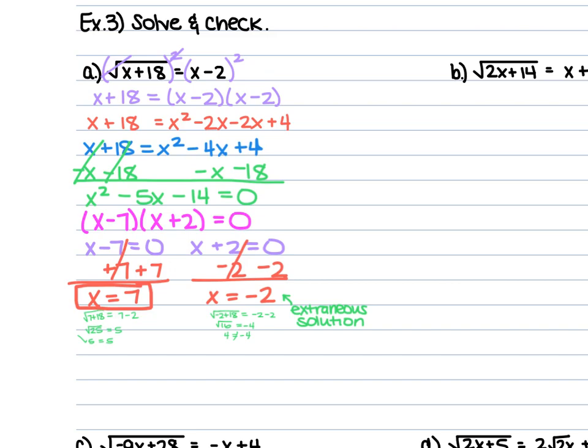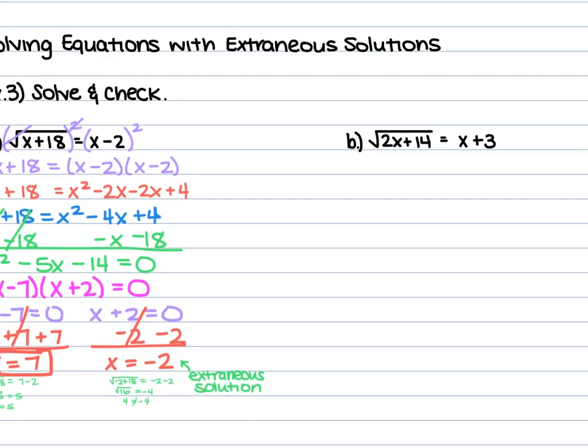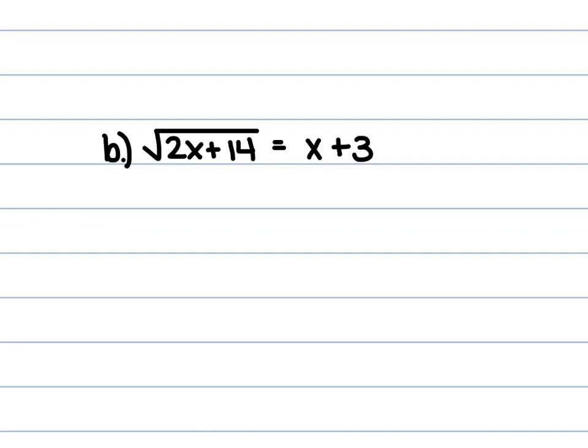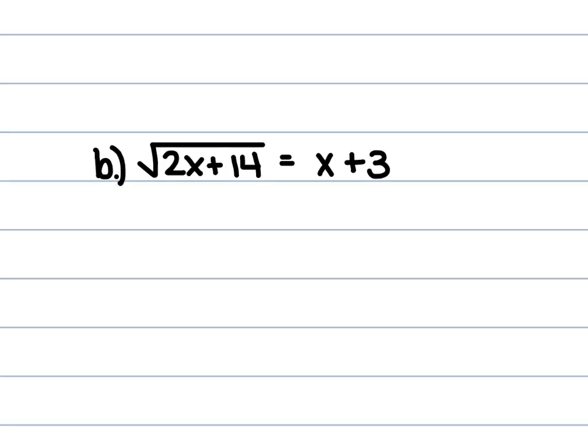If we look at our next example, B, we have the square root of 2x plus 14 is equal to x plus 3. So again, we are going to square both sides. We can also just multiply the x plus 3 times itself.